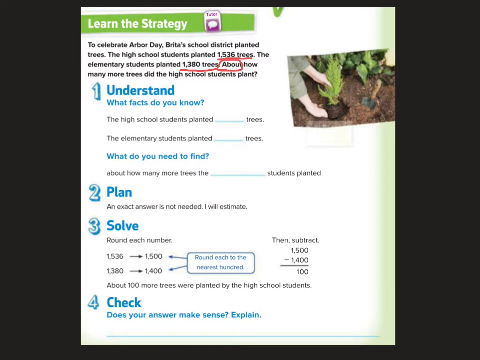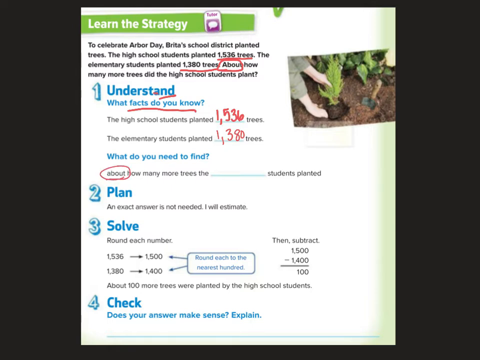Okay, so the first thing is we need to understand the problem. What facts do you know? We know that the high school students planted 1,536 trees, and that the elementary students planted 1,380 trees. Now the next question is, what do we need to find?